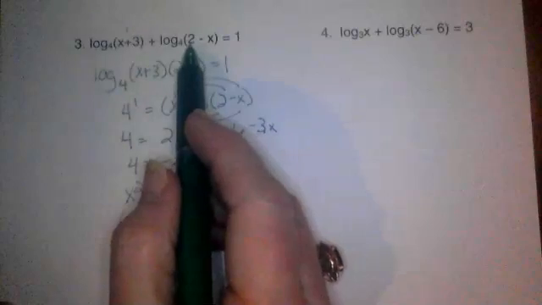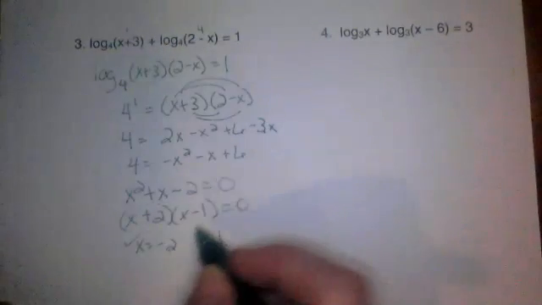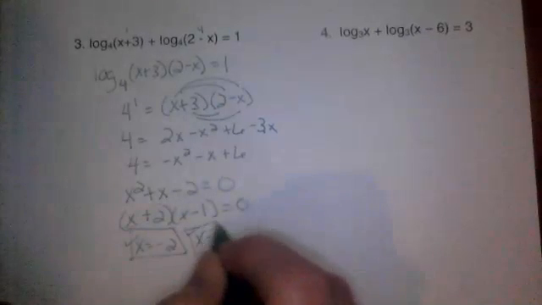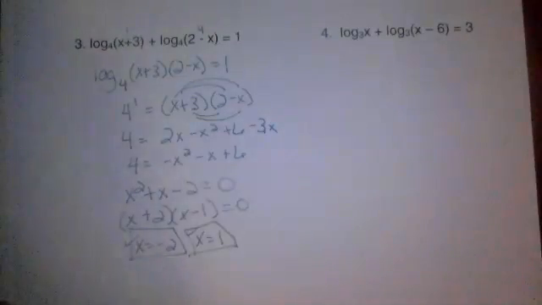Negative 2 in here, 2 minus negative 2 would be positive 4. So this is going to be fine. So is the 1. It gives me the log of a positive number. So both of those are actually solutions. So don't get it confused that you can't have a negative answer. You just can't take the log of a negative number.